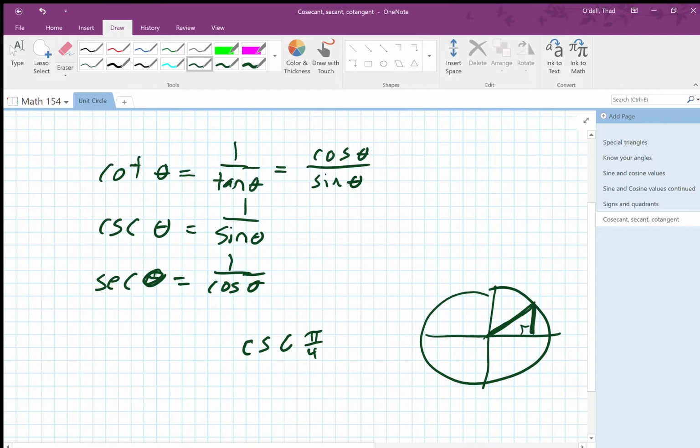And of course, we know that both the sides are the same. They're both 1 over rad 2. But we know cosecant is 1 over sine, so that would be 1 over rad 2. And when you divide by a fraction, you flip it over and multiply, so this would be the same thing as square root of 2.